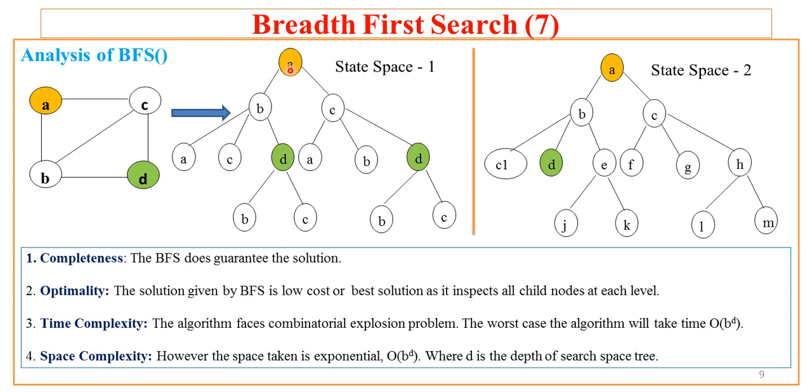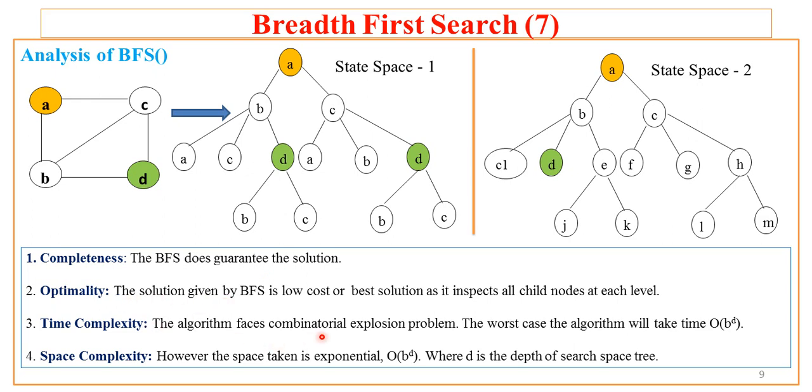If A happens to be the node, BFS inspects B and C. If C happens to be the best choice, it will not choose B, rather it will choose C, and it will follow the path A to C and C to D. So it will lead to the goal by following the path from A to C and C to D, not from A to B and B to D. Because of this, optimality is achieved using BFS.